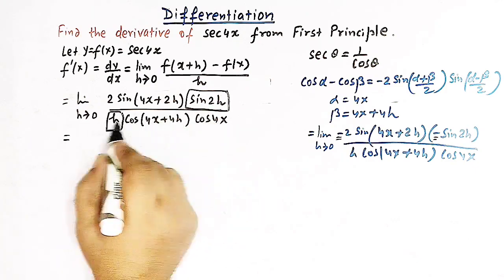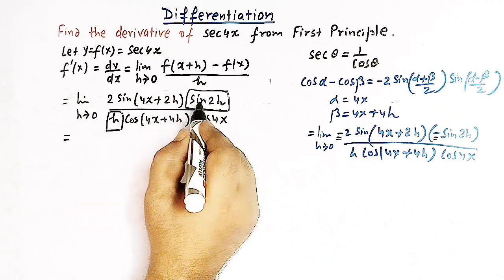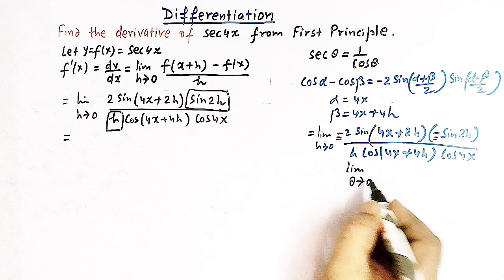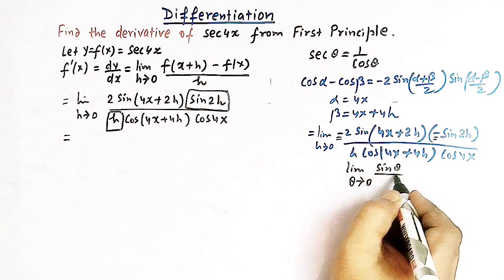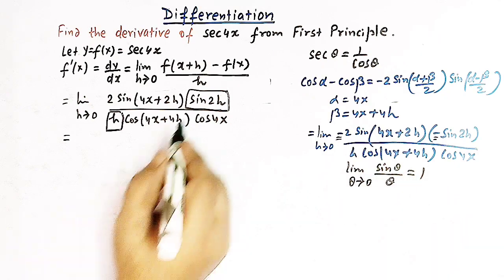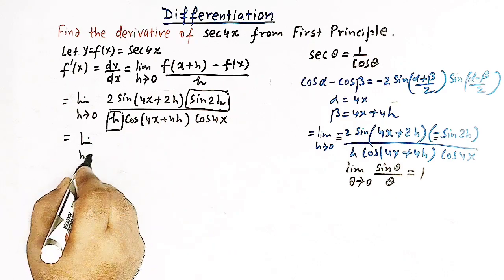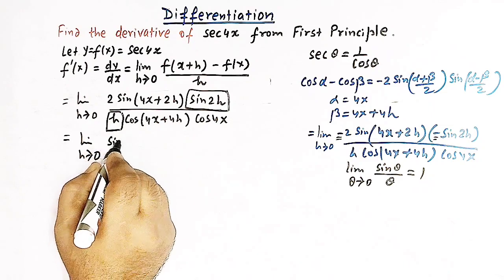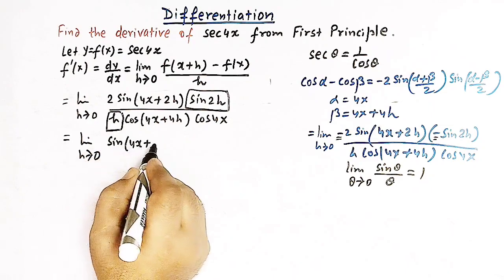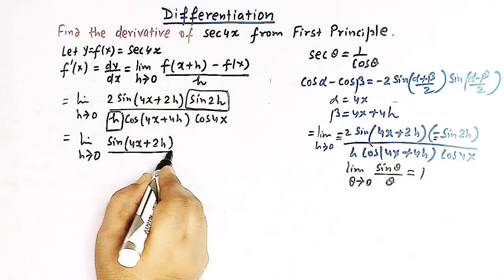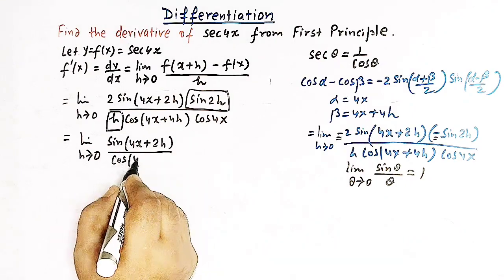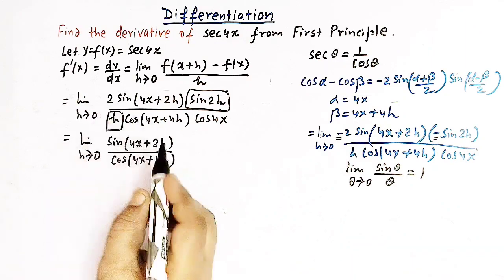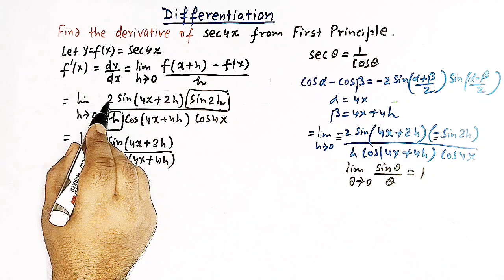So here what we will do, we'll try to convert this limit into this form, that is limit theta tends to 0 of sine theta over theta is equal to 1, right? So what we will do, we'll write limit h tends to 0. First we have this limit, that is sine of 4x plus 2h divided by cosine of 4x plus 4h, right? And then we have this factor, that is 2.